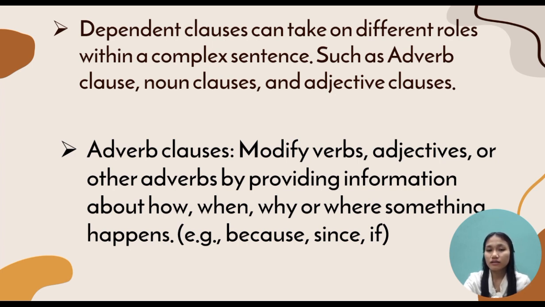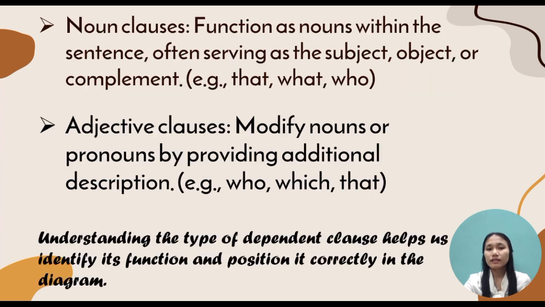When we say adverb clauses, they modify verbs, adjectives, or other adverbs by providing information about how, when, why, or where something happens. Examples are because, since, and if. Next we have noun clauses. Noun clauses can function as nouns within the sentence, often serving as the subject, object, or complement.